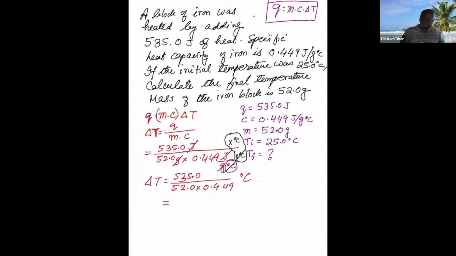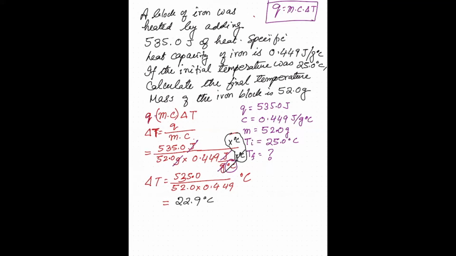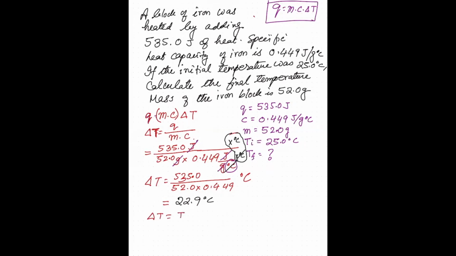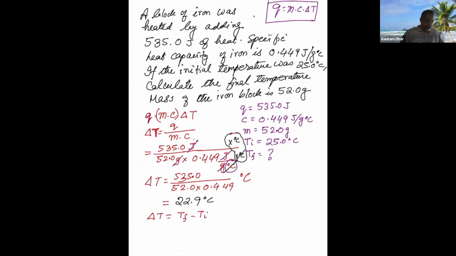So 22.9 is the correct answer. Now that is delta T, so that's not our final answer. Remember, what is delta T? TF minus TI. Always delta means difference, and so I need my TF.